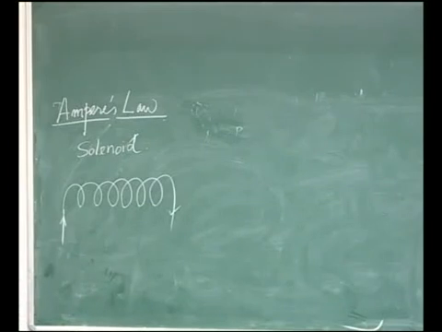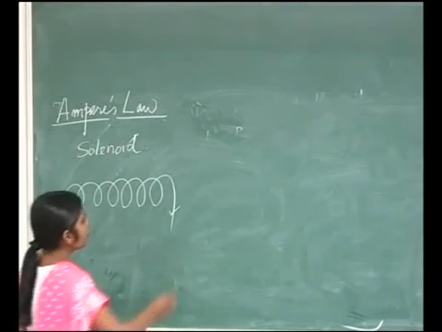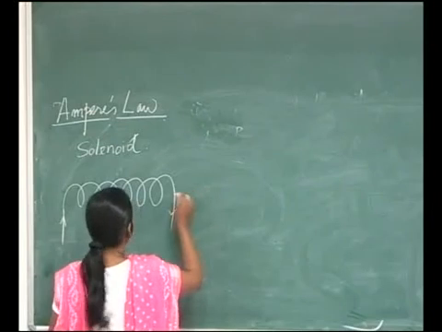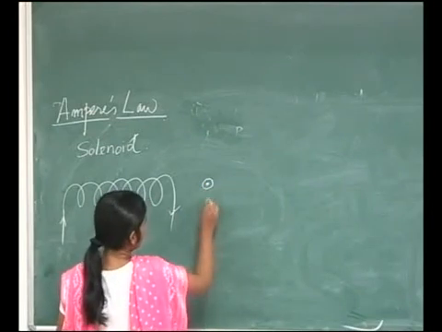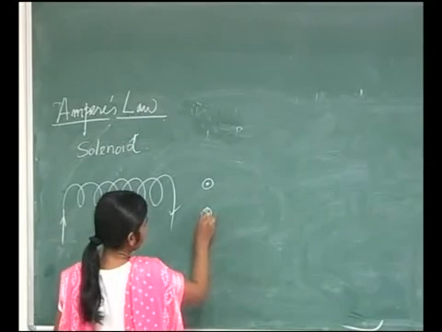So let us look at the geometry. If each loop is penetrating through the board, then for each loop I will have current coming out and current going in.